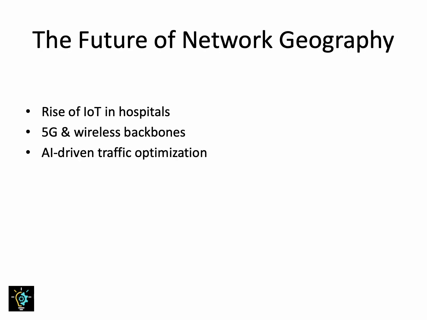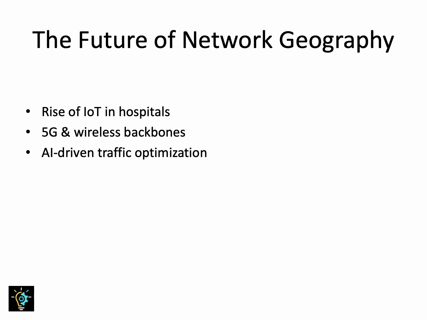Looking forward, network geography in healthcare is only becoming more complex. The rise of IoT, Internet of Things, means thousands of small sensors and devices will need to connect reliably. Wireless backbones, possibly using 5G, will support mobility and reduce dependence on cabling.